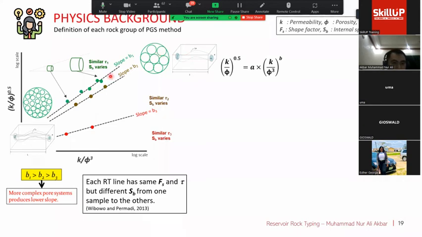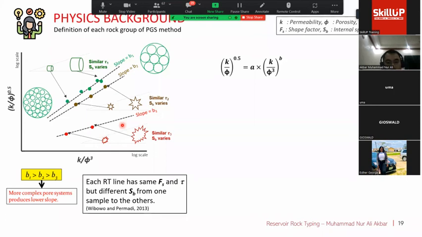During the decreasing of the line, the increasing of the specific surface area happens, so you can see a more compact pore system, but the tortuosity is still the same. But with the changing of the slope, meaning that you have a changing of the pore shape as well, the tortuosity is changing, and the pore shape is more complex. During the increasing of the B value, it means the lower quality of your rocks.